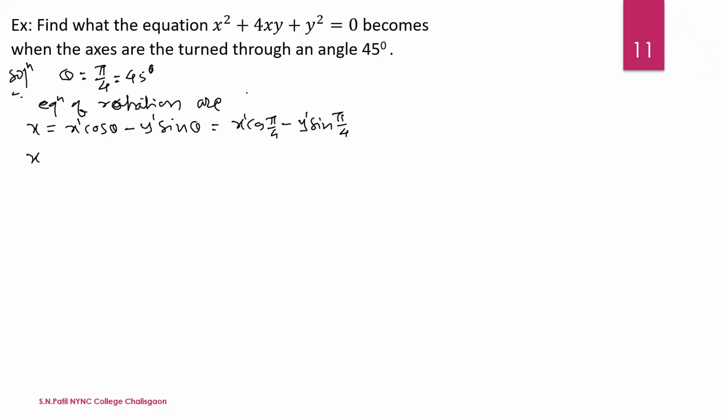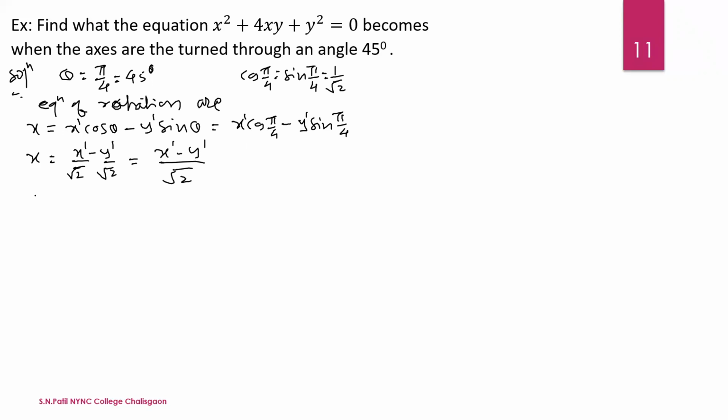We know that cos of pi by 4 is the same as sine of pi by 4, which is 1 upon root 2. The denominator root 2 is the same, so it can be written as x dash minus y dash divided by root 2.